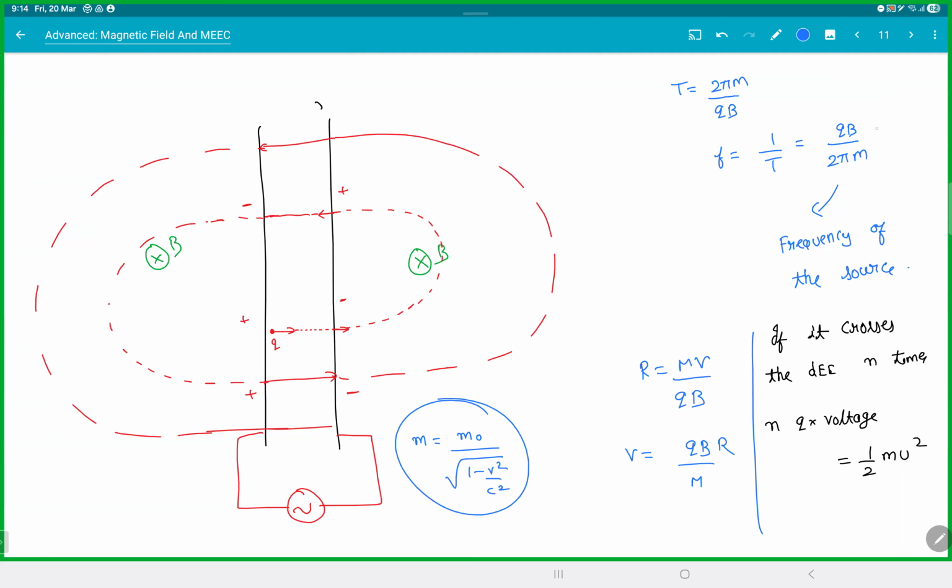If mass increases, frequency will change. If the frequency changes, this will start going out of sync. So this is one of the drawbacks of a particle accelerator. That's why we don't use electrons in an accelerator. They are really not that great. So if m changes, f changes. That is one of the issues there.